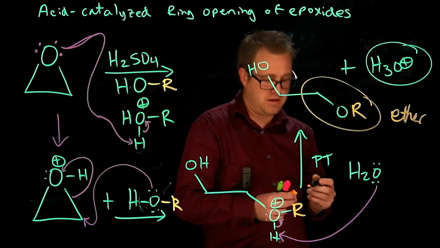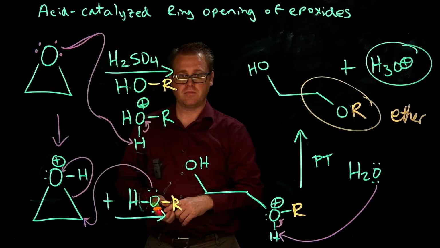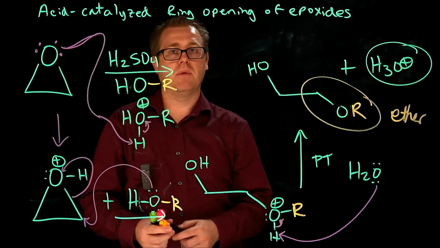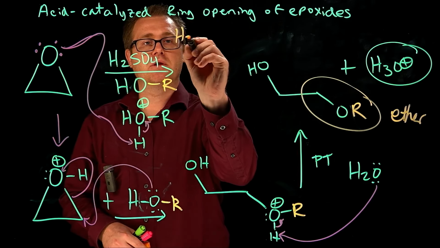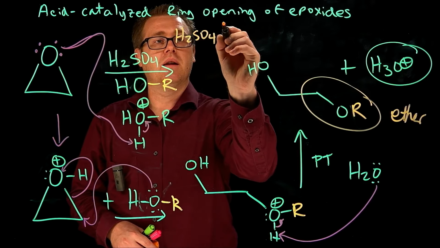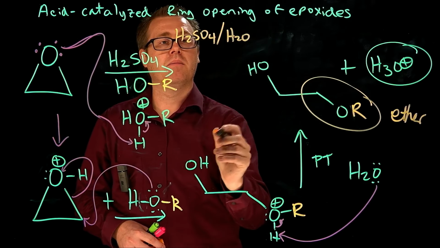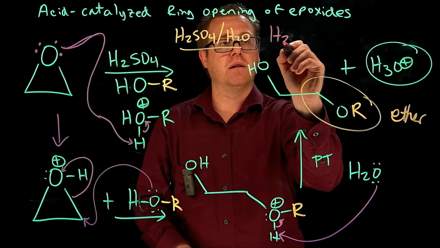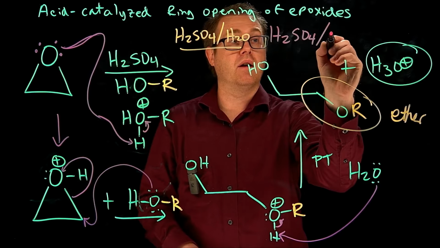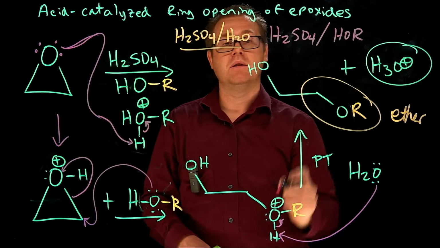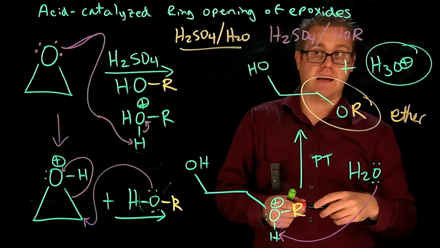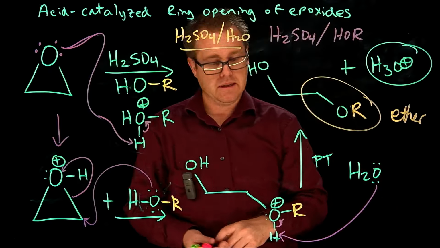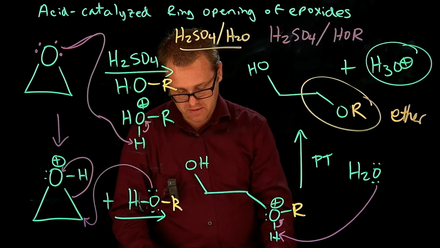That is an ether. So my point is you can use sulfuric acid with water, and you can use sulfuric acid with an alcohol, and the mechanism is the same. All right. Very same mechanism there.